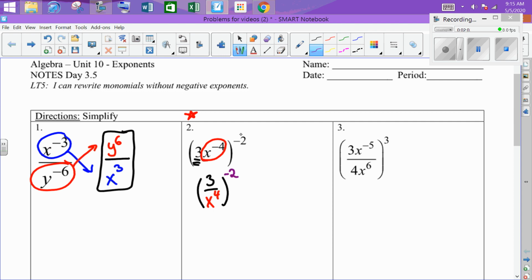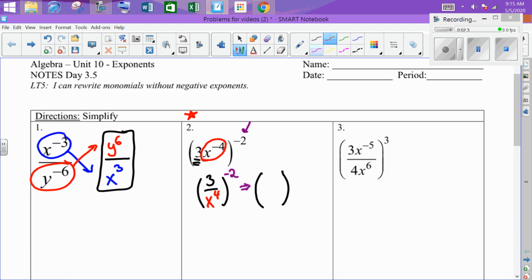Now that exponent outside of the parentheses is still there, so bring it down. Now that everything inside the parentheses is good, I can focus my attention outside the parentheses on this exponent of -2, because that's a negative exponent attached to the fraction. Remember, it means take the reciprocal.